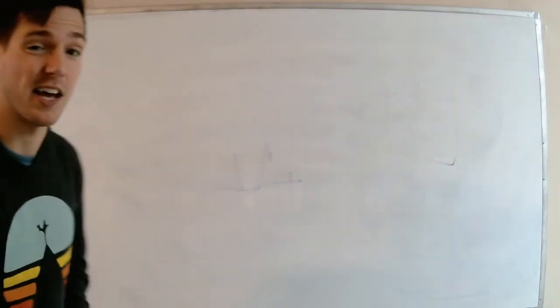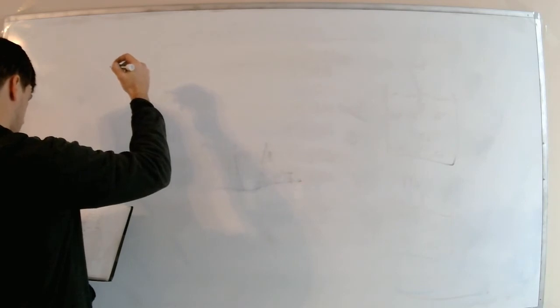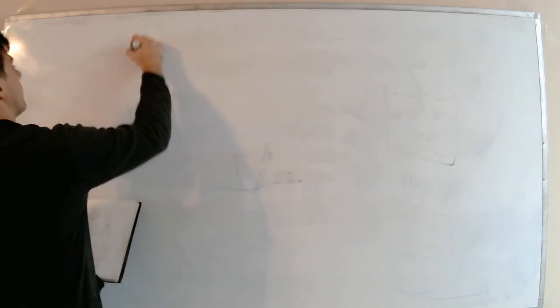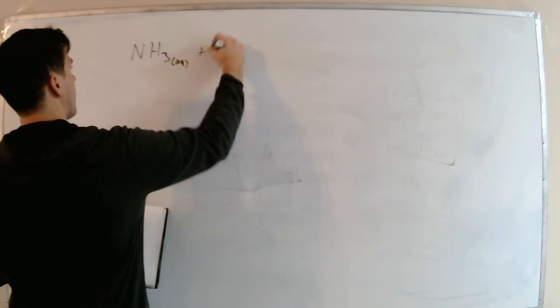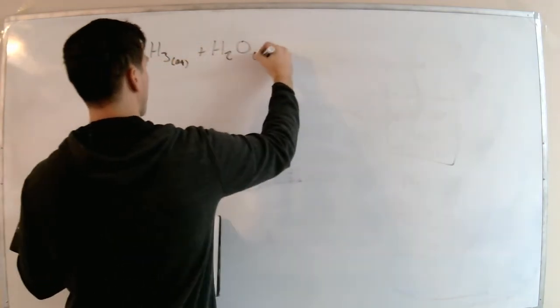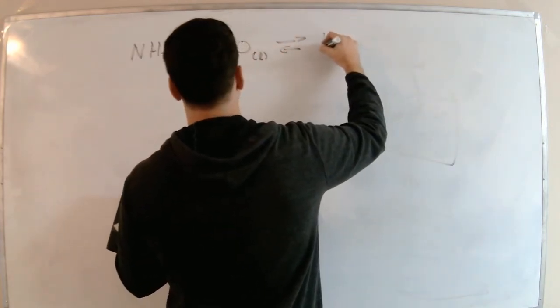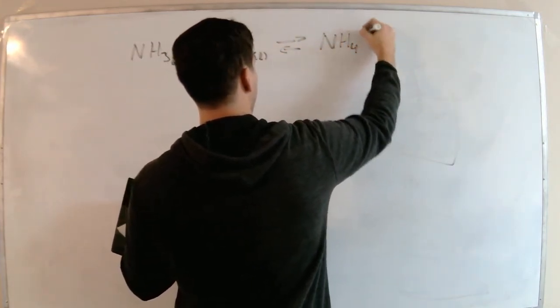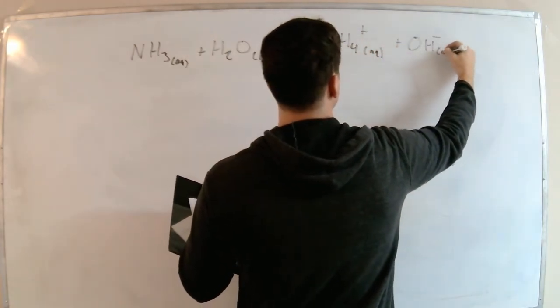So let's look at a Kb instead. Let's go with NH3 plus H2O and NH4 plus and OH minus.